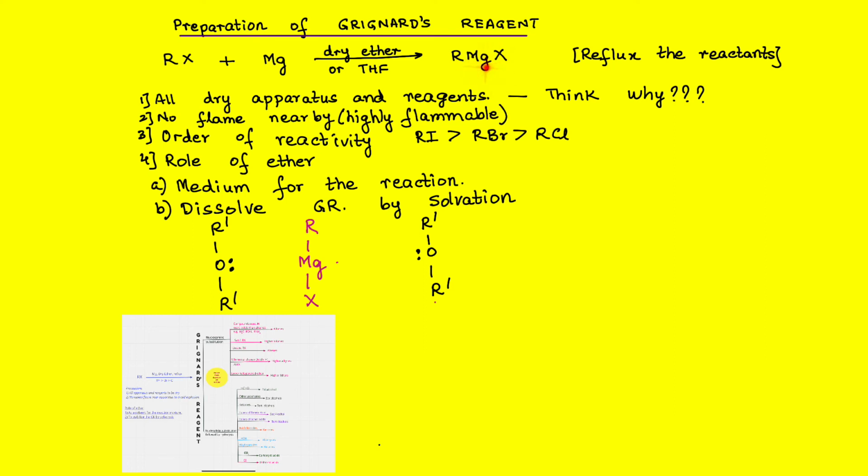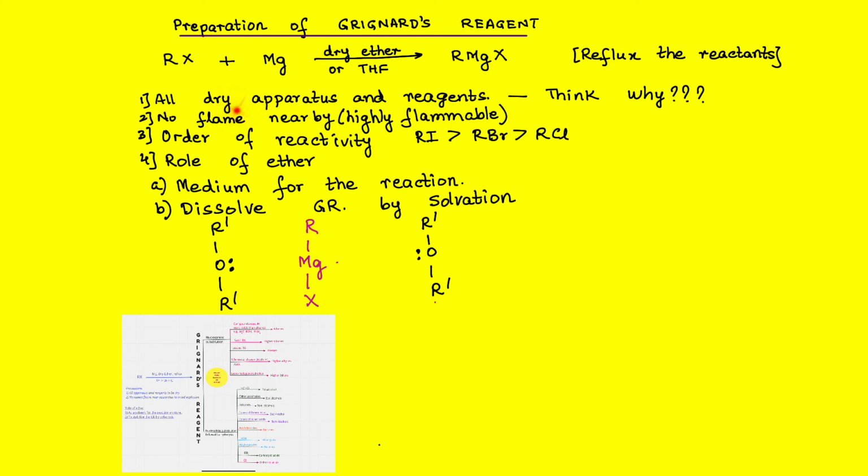Now it may sound simple, but it's not so, because we have to be very, very careful of the solvents that we are using. We have to ensure that all our apparatus and reagents are completely dry, not even a drop of water.